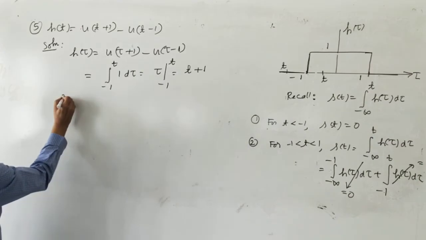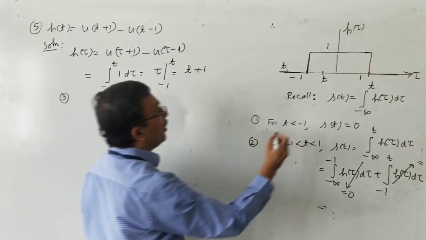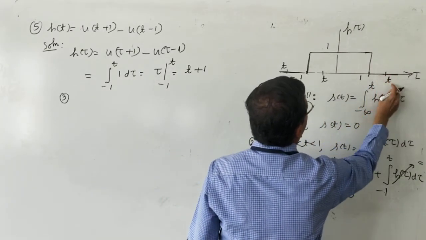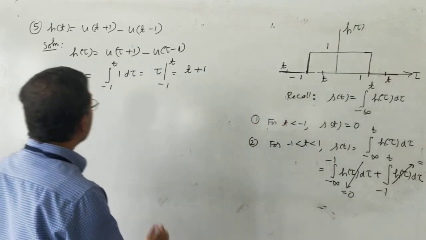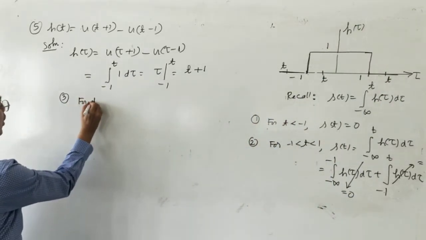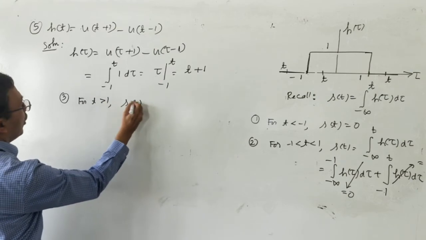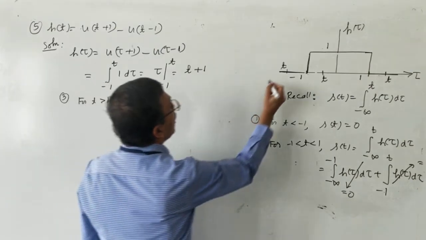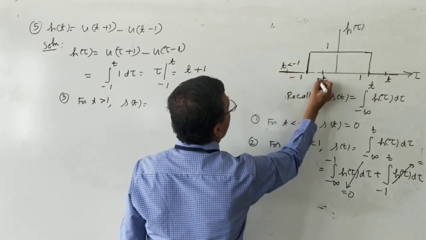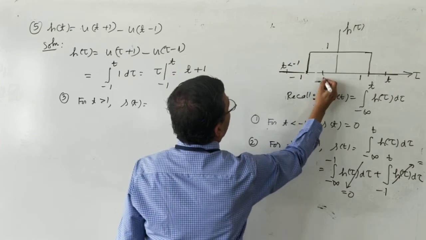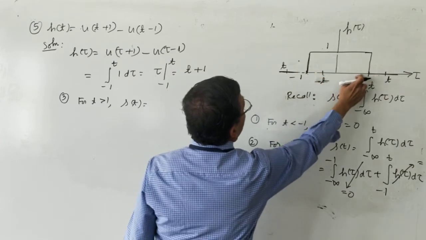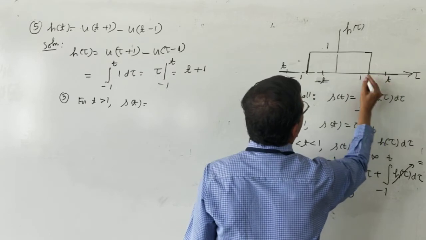Third case I will take, I will take t here. Now t is more than 1. Here t less than minus 1. Here t between minus 1 and plus 1. Here this t is greater than 1.